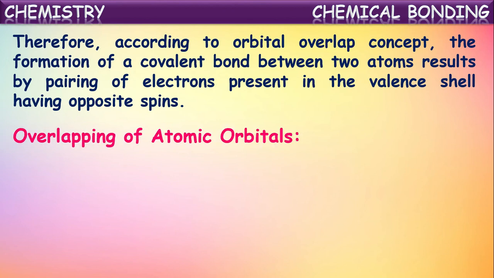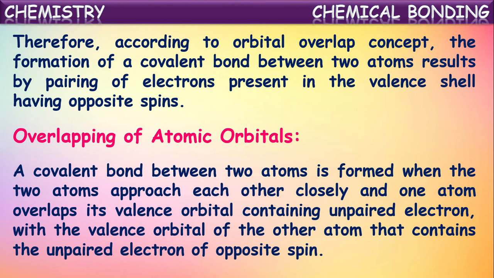Now let us see overlapping of atomic orbitals, how it is done. A covalent bond is formed between two atoms when the two atoms approach each other closely and one atom overlaps its valence orbital containing an unpaired electron with the valence orbital of the other atom that contains an unpaired electron of opposite spin, so that the two electrons will be paired.